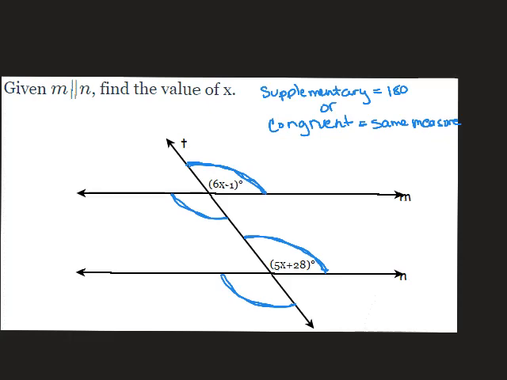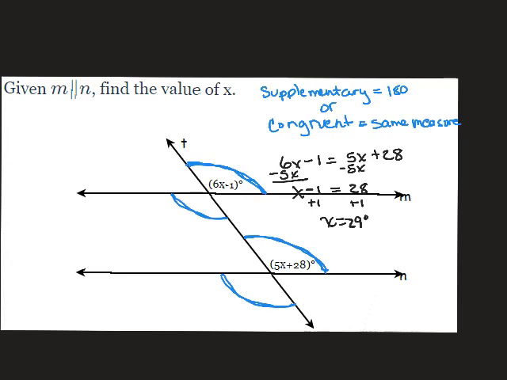They have the exact same measurement. And so I'm not going to add them together and equal 180. I'm just going to set them equal to each other. Therefore, 6x minus 1 is the same as 5x plus 28. And now I simply solve for x. And x is equal to 29.